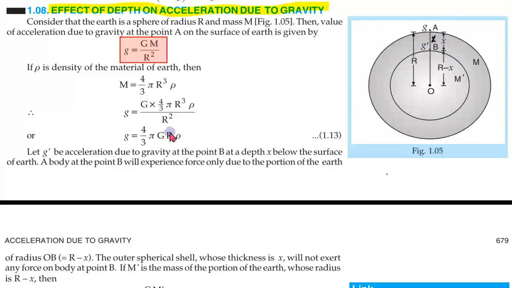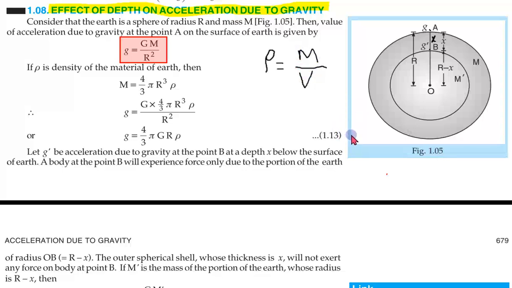Here, if we look at this point, M is equal to volume times rho. Rho is the density of the Earth. The density formula is total mass by total volume. Density measures how dense the body is.